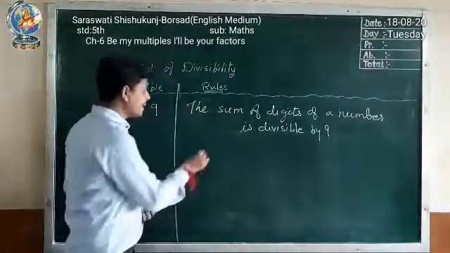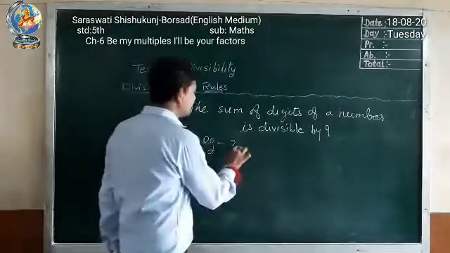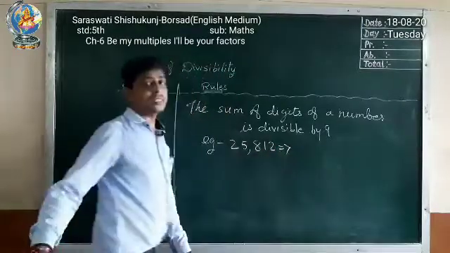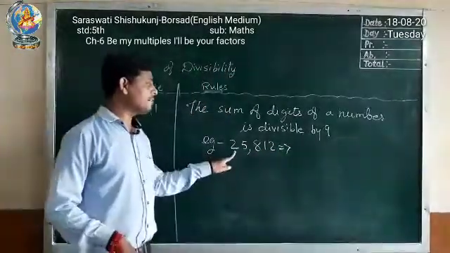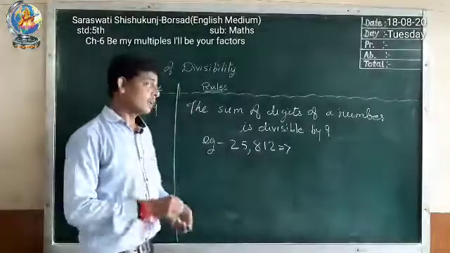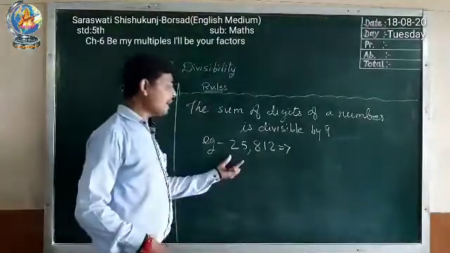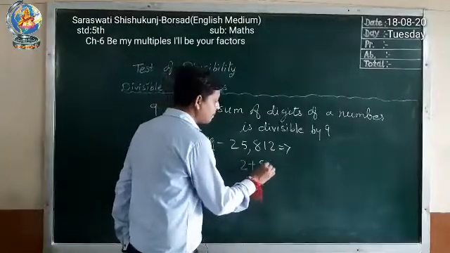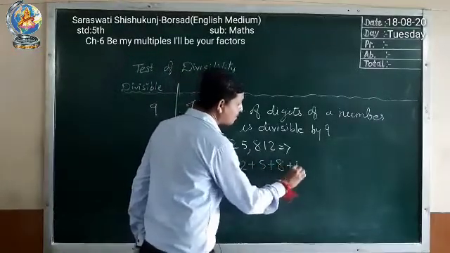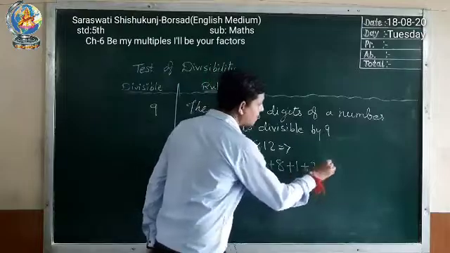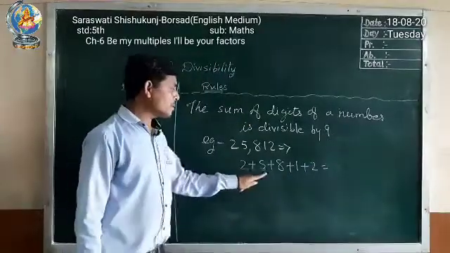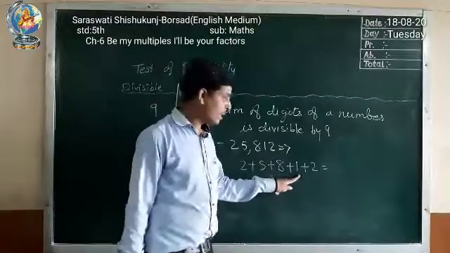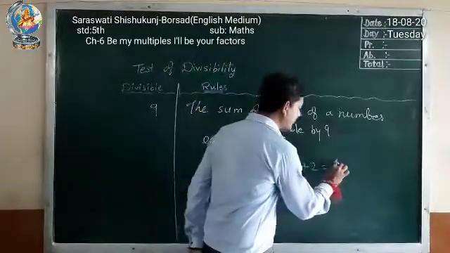So if I take an example, you can see here I have taken 25,812. Now here I will add all the digits. So 2 plus 5 plus 8 plus 1 plus 2 is equal to how much? 2 plus 5 is 7, 7 plus 8 is 15, 15 plus 1 is 16, 16 plus 2 is 18.